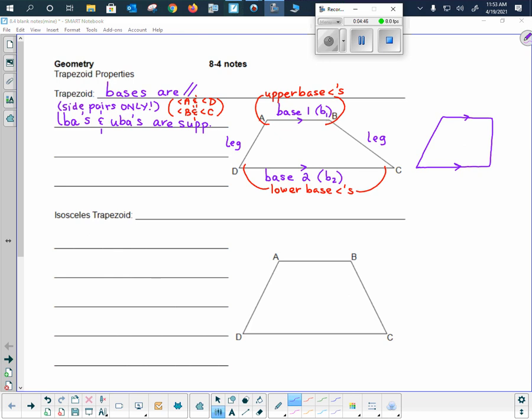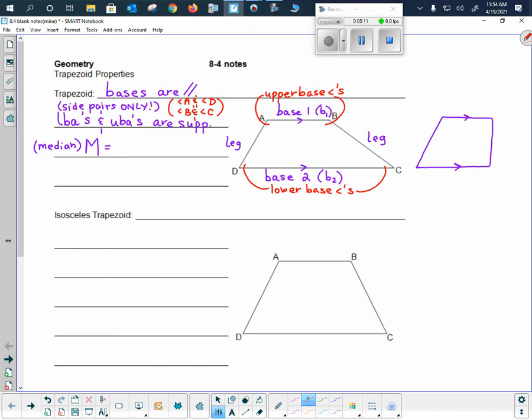Okay, next, let's talk about a median. A median is really what it's called, but we're going to use capital M to stand for median. Okay, so a median in a picture goes right through the middle of this trapezoid.